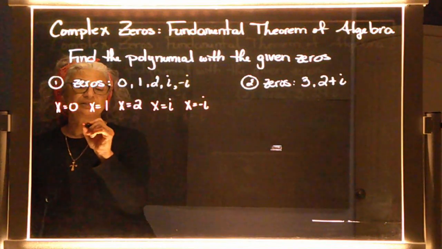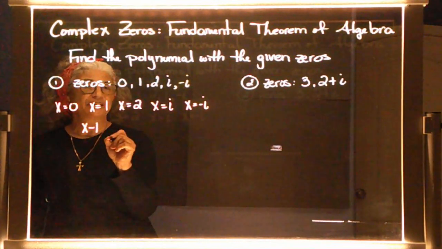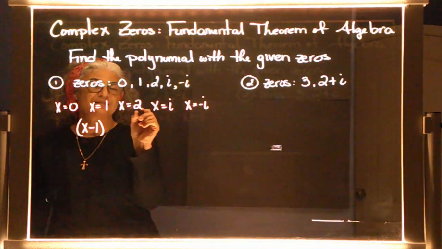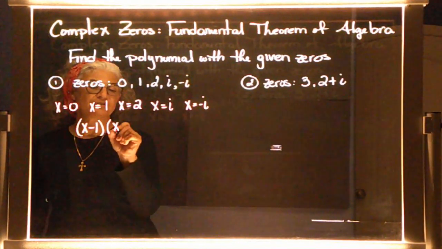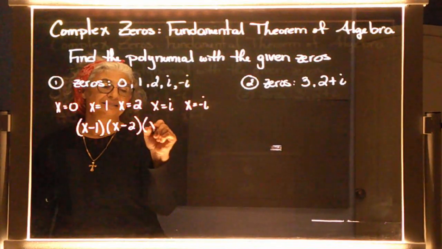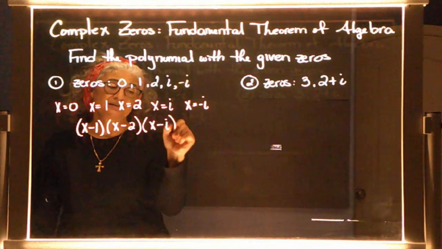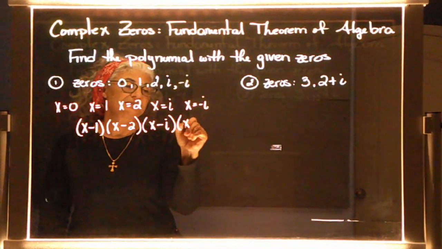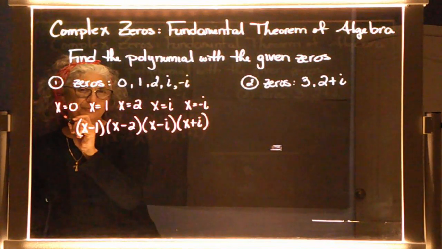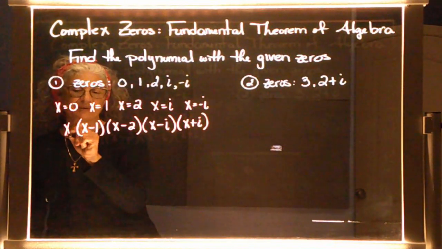But this x equaling 1 didn't come from the factor of x minus 1? And this x equaling 2, didn't it come from the factor of x minus 2? And x equaling i, didn't it come from the factor of x minus i? And lastly, didn't this one come from x plus i? And then this x equals 0. Yeah, that just came from x, didn't it?